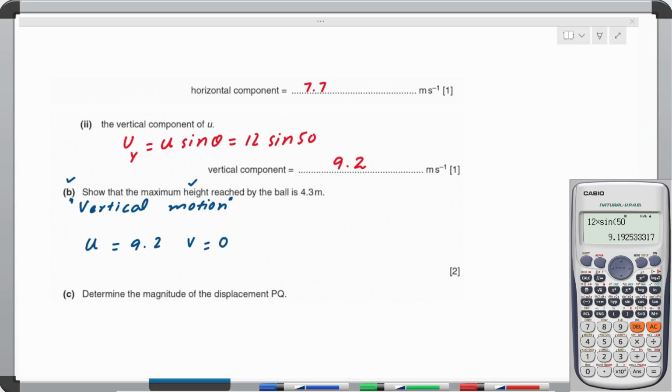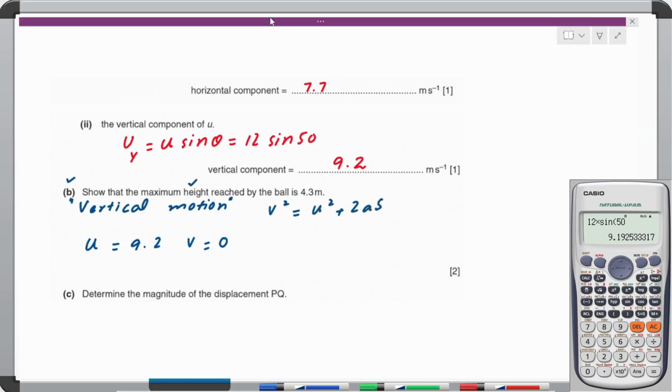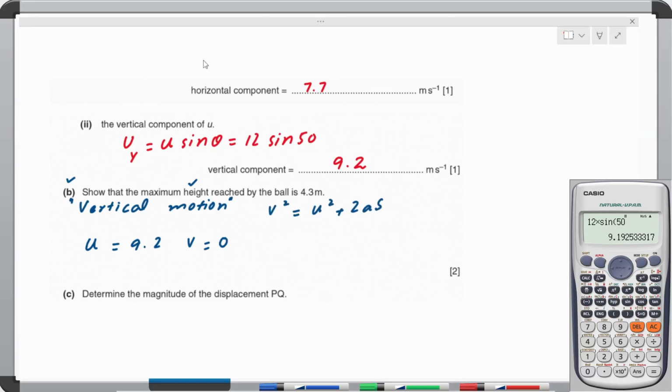What you need to find is the distance covered. Maximum height is basically the displacement, but the vertical one. You can use the equations of motion, and here the most compatible one is the third equation, which says v square equals u square plus 2as. That is given on the question paper itself in the formula sheet.